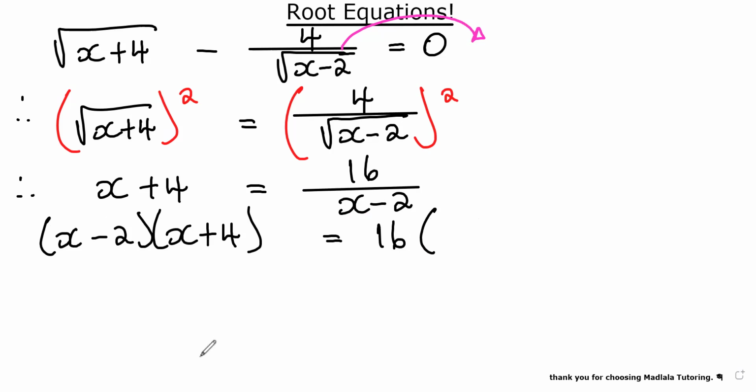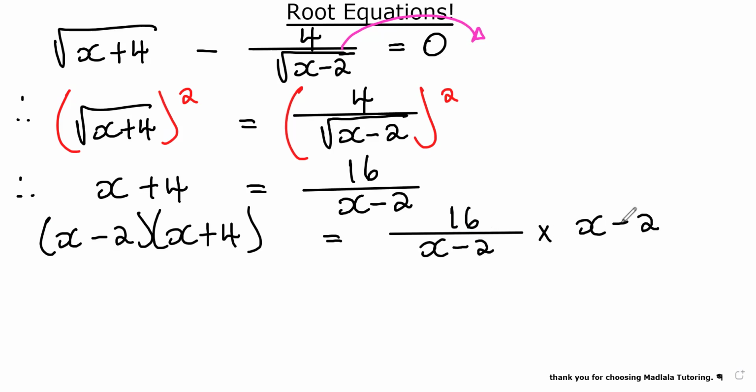But of course, if you so prefer, you can show that you multiply this entire thing by 16. That's still fine. In fact, let's show it. Not really by 16, but by x minus 2. But if you do this, then it's always nice to put that one in brackets. And then on the left, you just need to use the FOIL method.